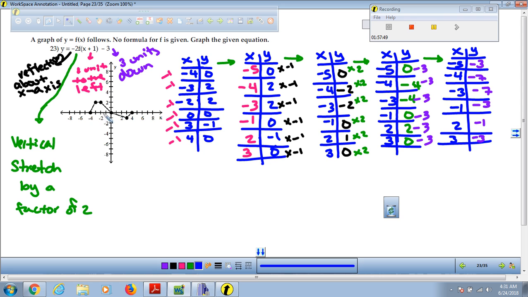I'm going to put -3 and -3, -4 and -7, -3 and -7 as well, -1 and -3, 2 and -1, and 3 and -3.